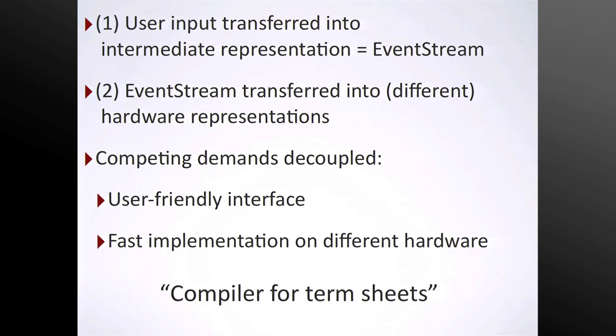So the user input is transferred to our intermediate representation called event stream. Then the event stream is transferred into the different hardware representations. What we support is different structures in parallelization. So we have coarse-grained and fine-grained parallelization, meaning a single instrument can be parallelized on a node.